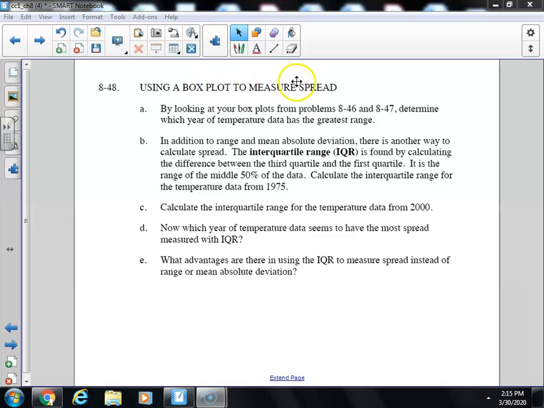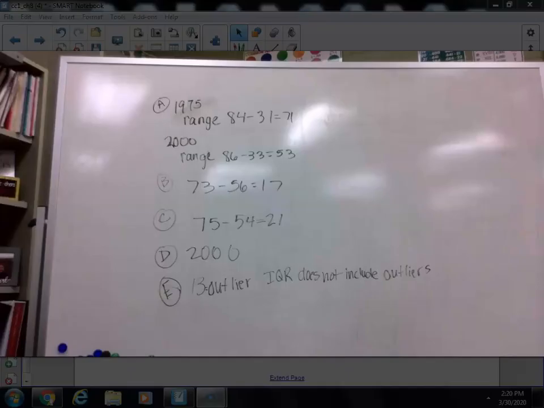We're going to use our box plots to measure the spread by doing A, B, C, D, and E. So go ahead and pause the video, take a couple of minutes, and work through these 5 questions. At the end of that, go ahead and unpause the video. We're going to project the answers for you, and then move on. Make sure you read the directions carefully. You also have to look at the box plot that you created from yesterday's lesson from 46 and 47.